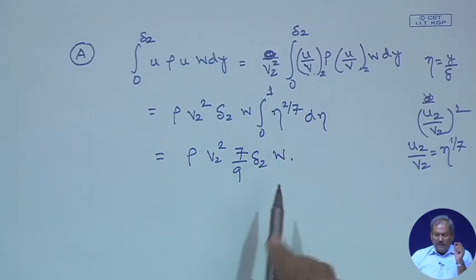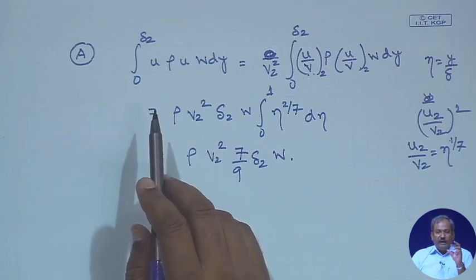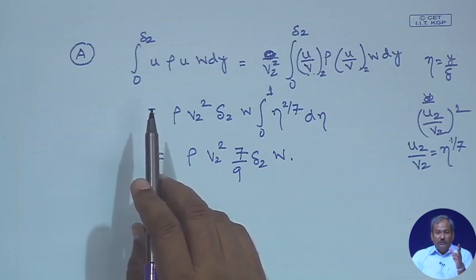One more time, what I have done here is I have divided the flow at location 2 as if consisting of two subflows. The part A, through which viscous flow is taking place, and the part B, through which inviscid flow is taking place. If it is inviscid flow, then finding out the mass flow rate is simple. Just multiply the constant velocity V2 with the area. What is the area? The one that is remaining after you subtract delta 2 from the total h by 2.